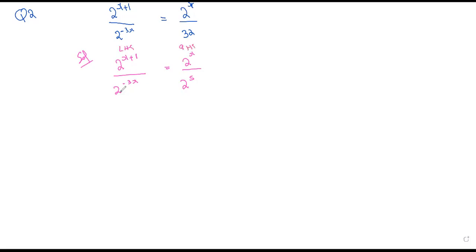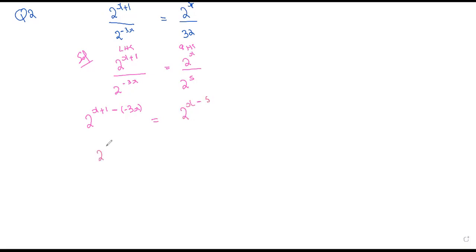On the left side, I have same bases and it is being divided, so I can just subtract the powers. 2 to the power x plus 1 minus the power in denominator equals, now let's simplify the right hand side, 2 to the power x minus the power in denominator.